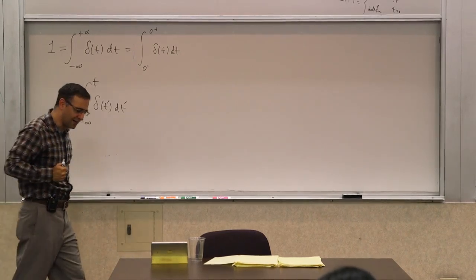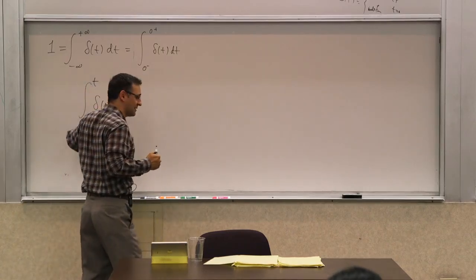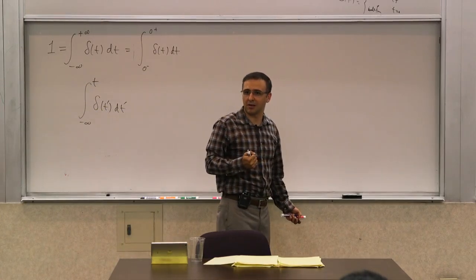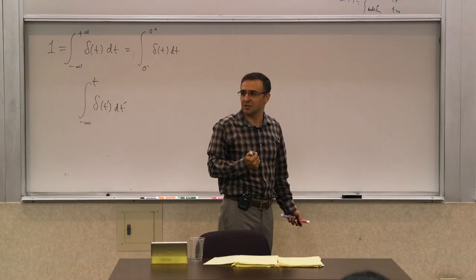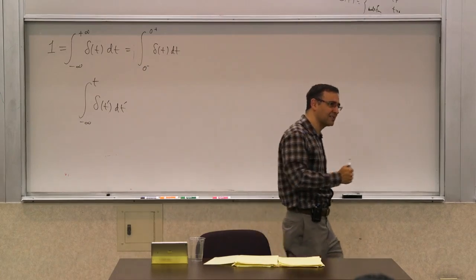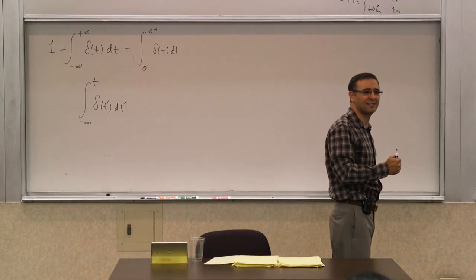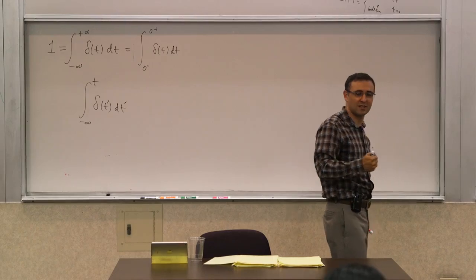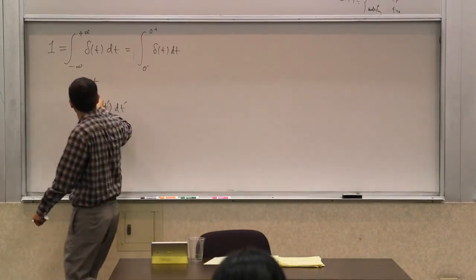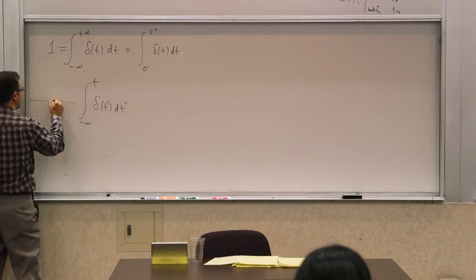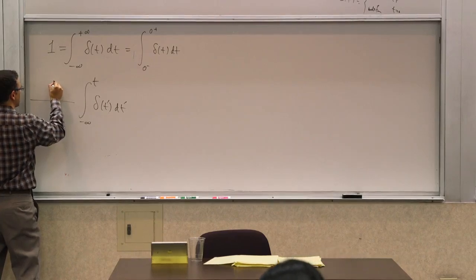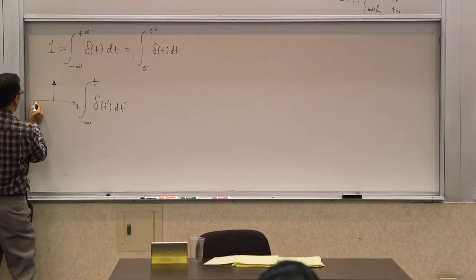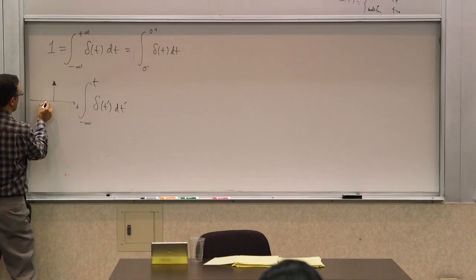Think about it. As long as this t is smaller than 0, there's nothing to integrate, it's 0, right? So it gives me 0. Once I cross 0, what do I get? 1. Once these limits include 0, so this is the delta, it's shown this way by the way, this is a symbol. As long as I integrate from negative infinity to here, I get nothing.